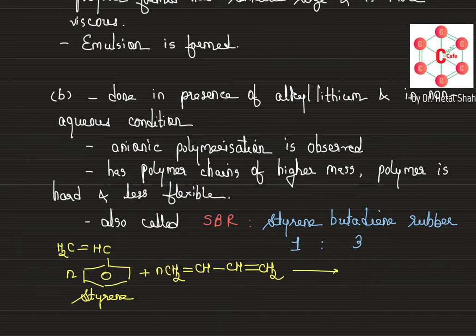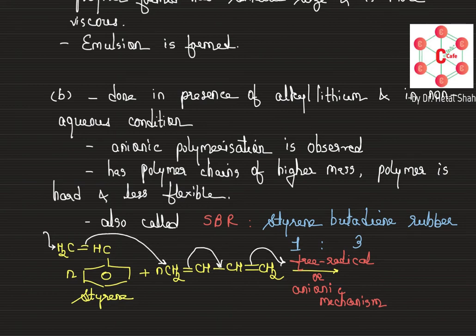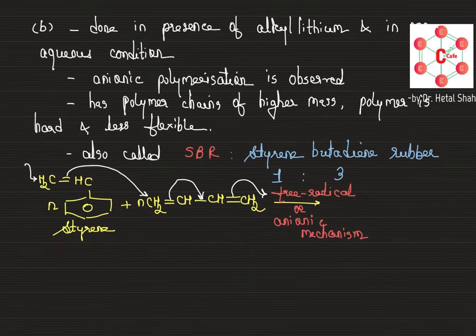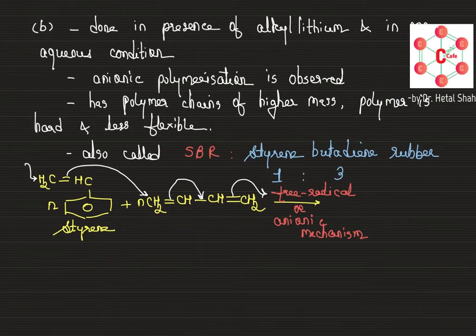Now here you can use anything, free radical, which is done in presence of alkyl mercaptan, or anionic mechanism, alkyl lithium. Look at the arrows now. This gets a bond here, this goes here, this goes here, and this goes forward. So let me show you how this happens.